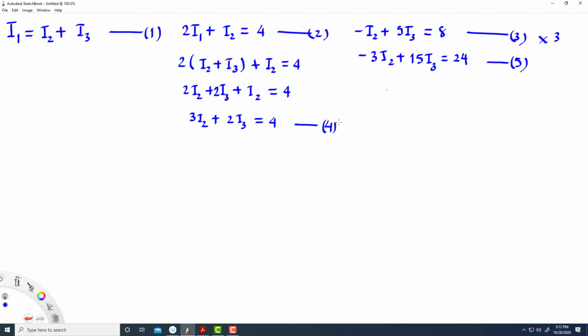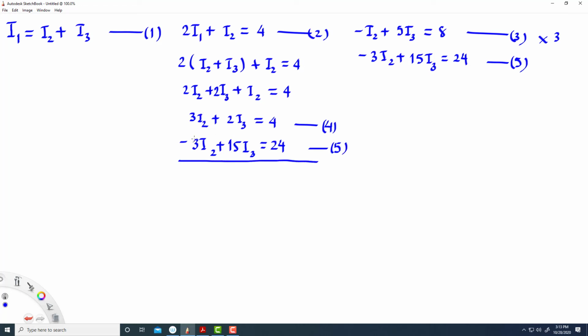Now let's add equations 4 and 5. Let me rewrite equation 5 here: negative 3I2 plus 15I3 is equal to 24. Again, that's equation 5.